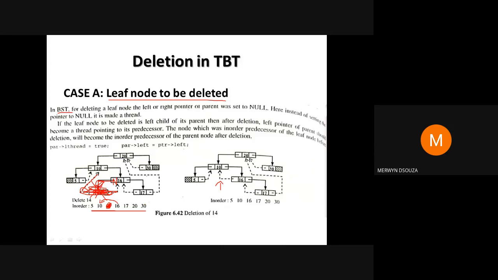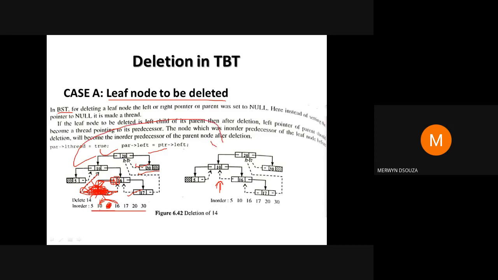So you delete 14. Then this portion is empty, so you cannot put null there. Since it's the left portion, find out the in order predecessor, that is 10. Then you put a dotted arrow from the left side of 16 to 10, and that's it. Remaining arrows remain the same, they do not change. All these arrows that are there remain the same.